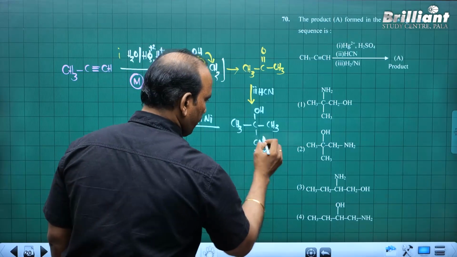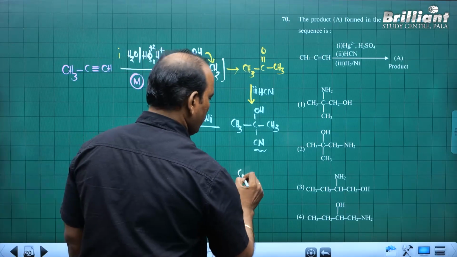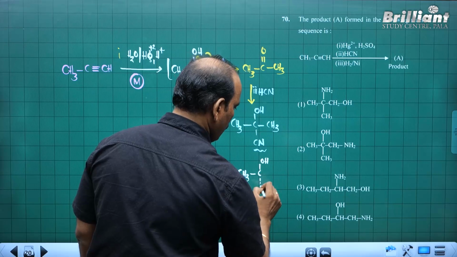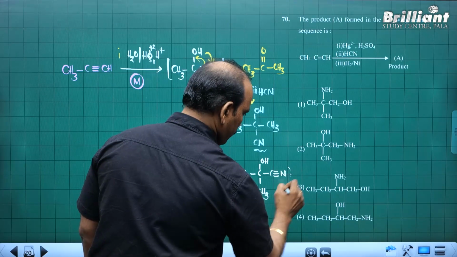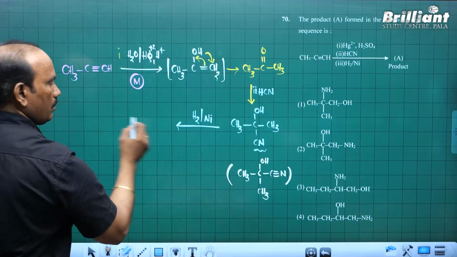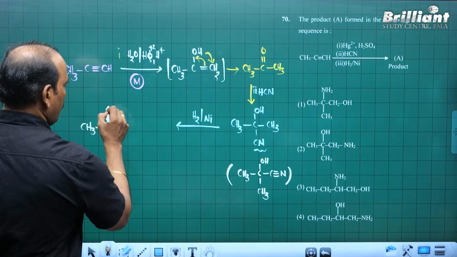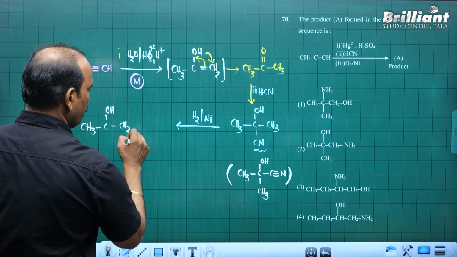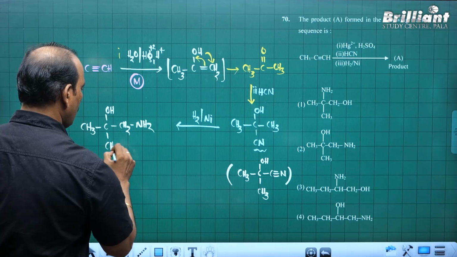Cyanide changes to primary amine. That is CH3 COH, CH3 C triple bond N. Okay? This one. Now CH3 COH, then CH2 NH2 and this is CH3.